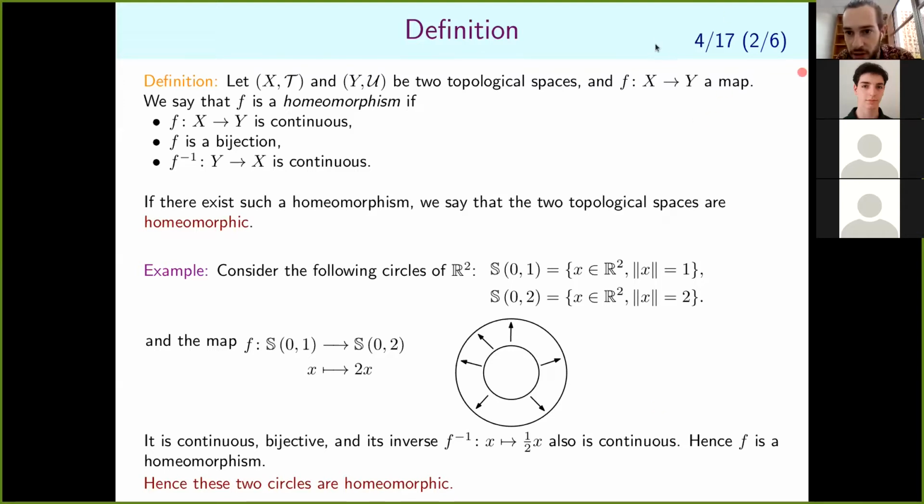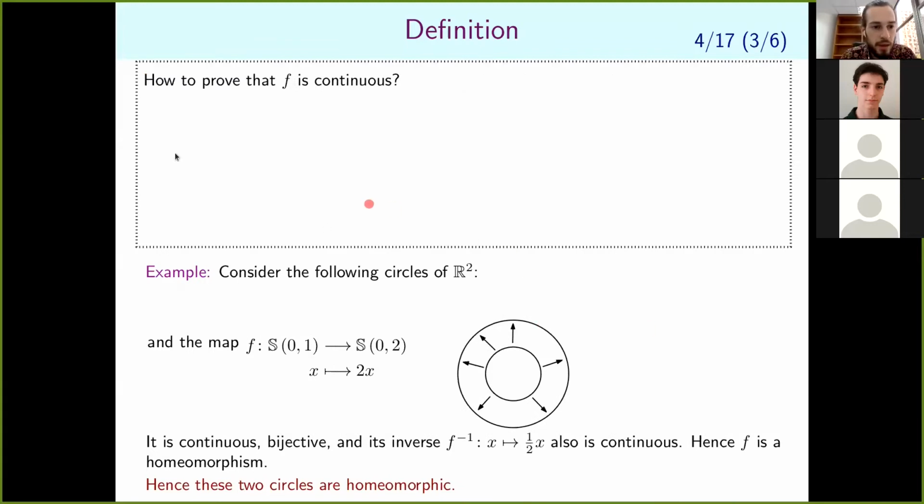Sorry, I hear some noise. All right. There is a little issue here. I want to make sure that being continuous here makes sense for you. Because, as we saw yesterday, to talk about continuity, we have to define topologies on the circle, on both circles.